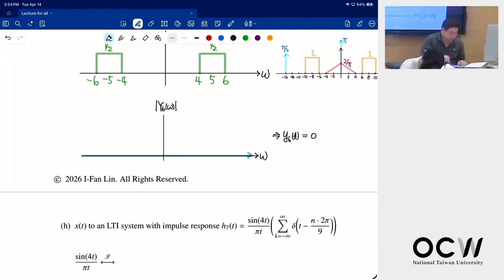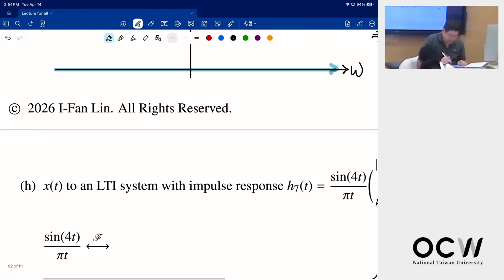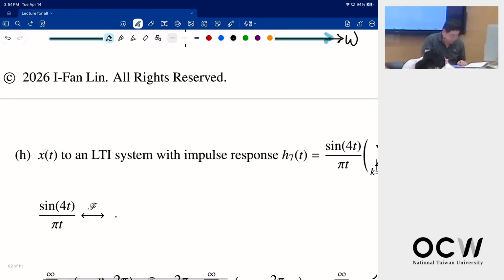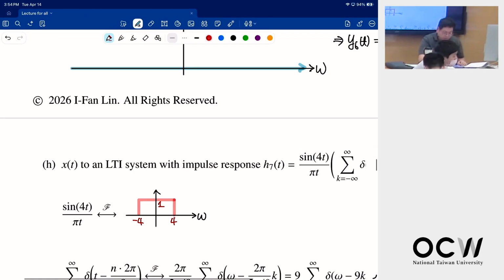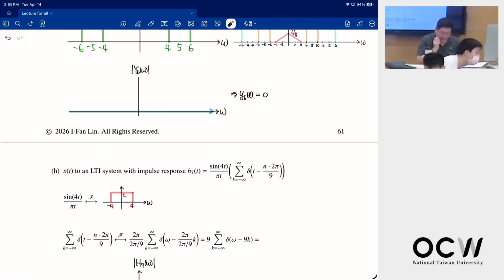We have already done this for the past hours. So here, from -4 to 4, and here is 1. What is the impulse train in frequency domain?